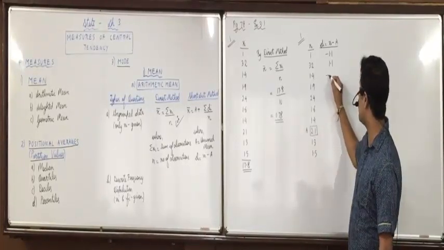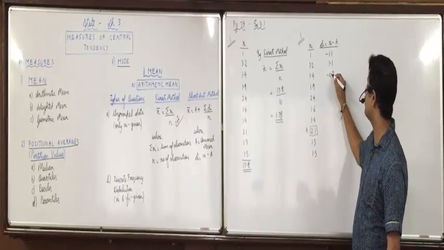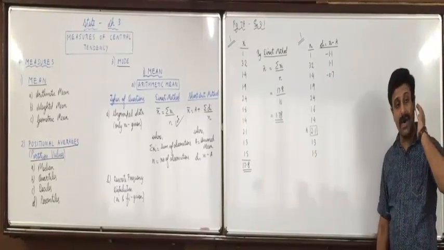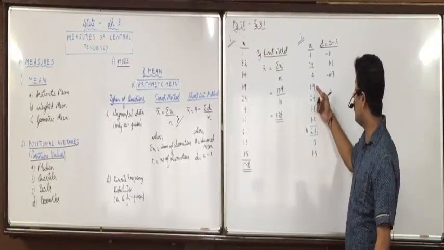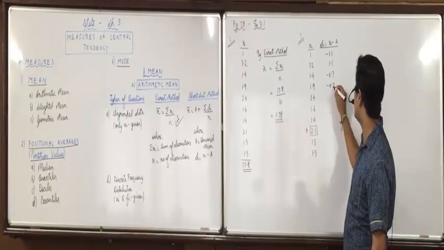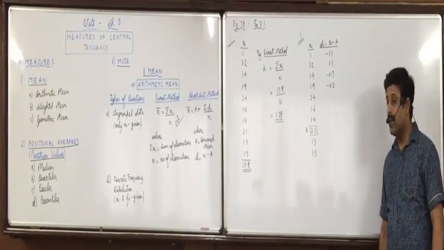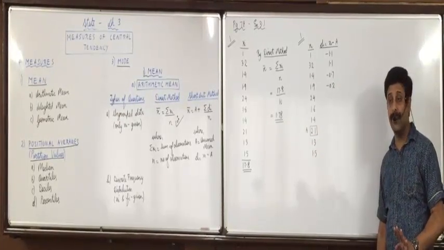Then 1.4 minus 2.1. Do you get minus 0.7? Do 1.9 minus 2.1. All are able to understand what we are doing?